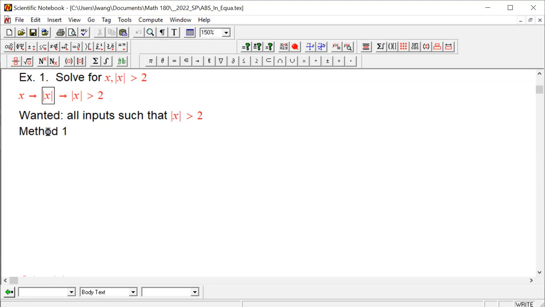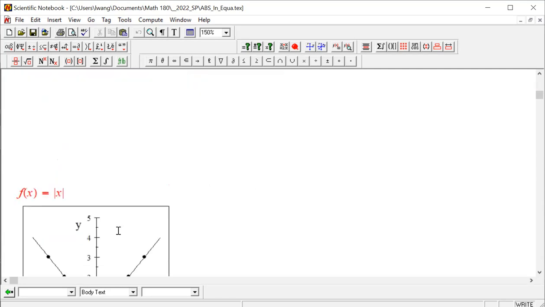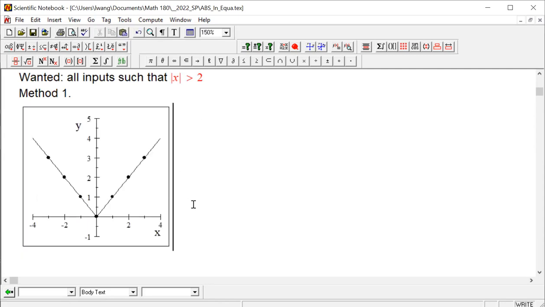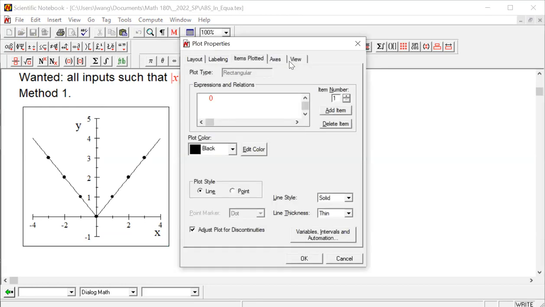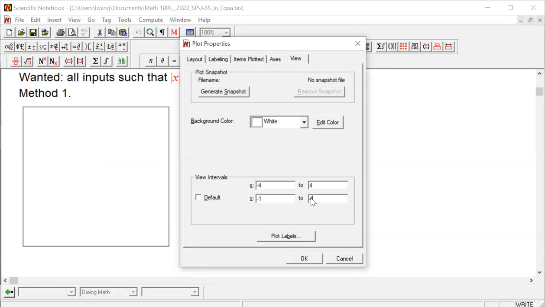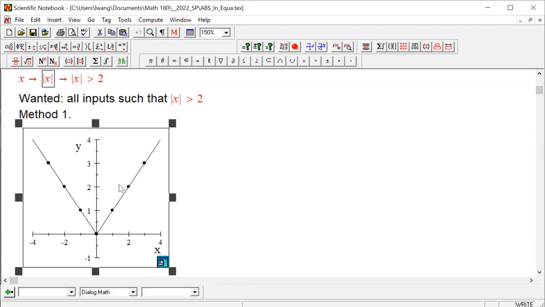Method 1, right? Understanding the picture. You're pretty familiar with this procedure, right? We have this function. This is the graph of the function. And let me just make a little adjustment here. So this is the function. We want the output to be larger than 2. Larger than 2 does not include equals to 2.